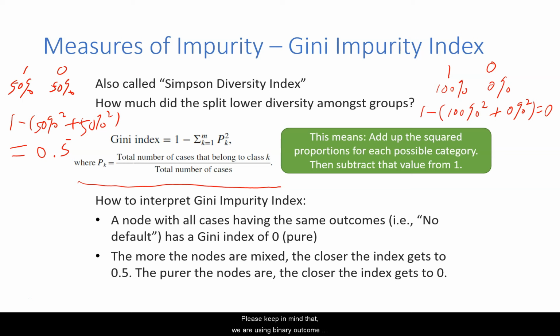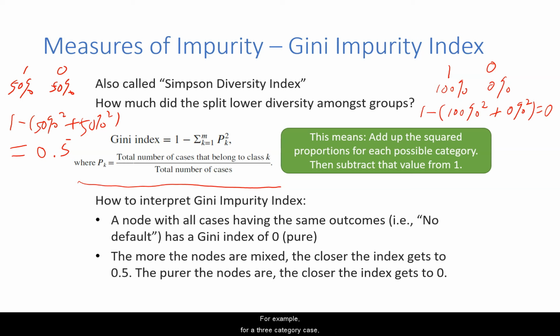Please also keep in mind that we are using binary outcome problems as examples here. If there are more than two categories involved, the minimum Gini index will remain 0, but the maximum Gini index would change.